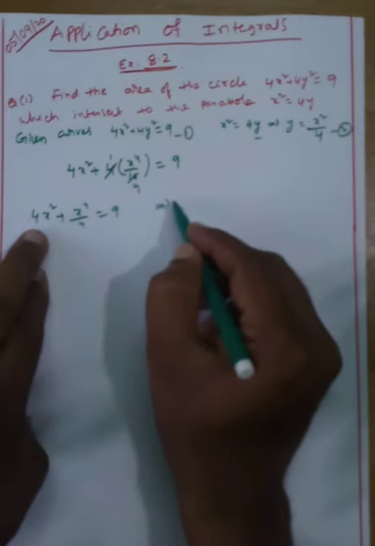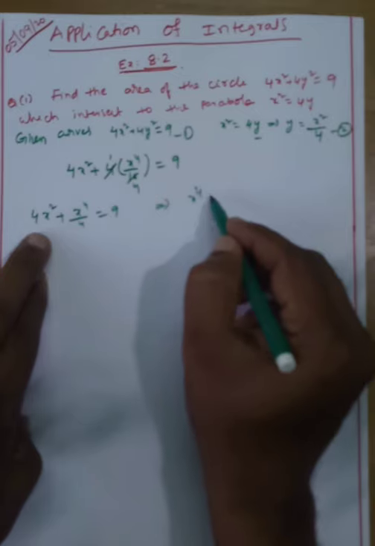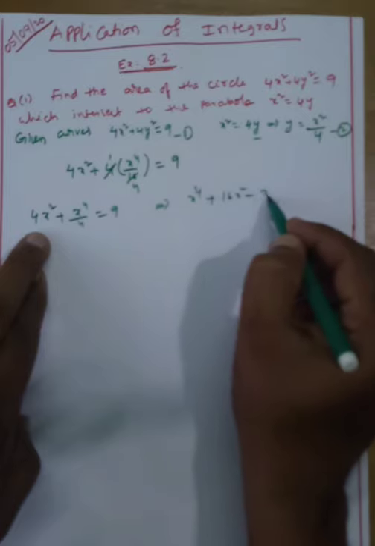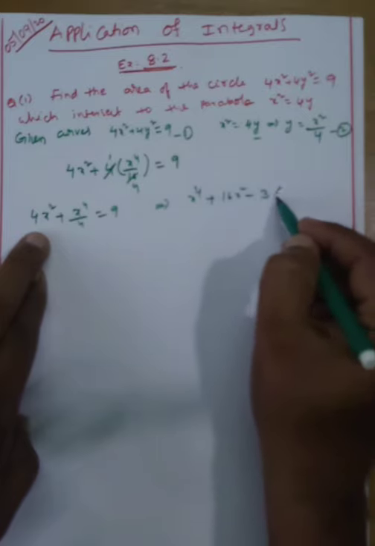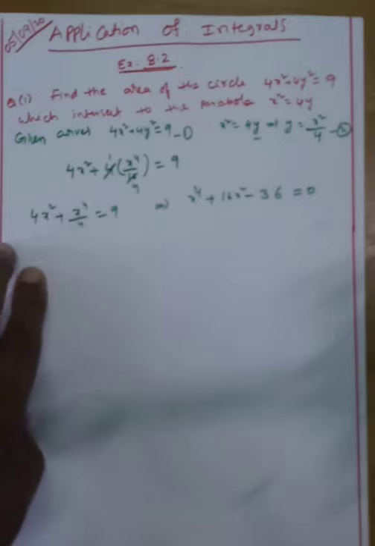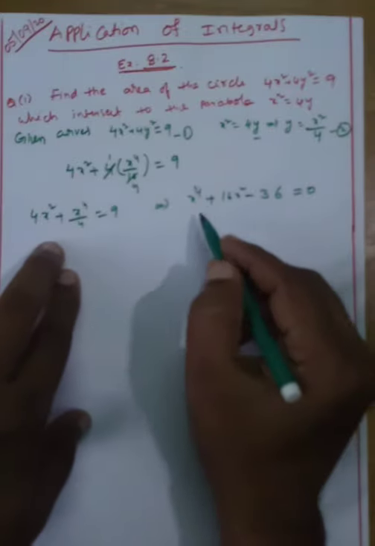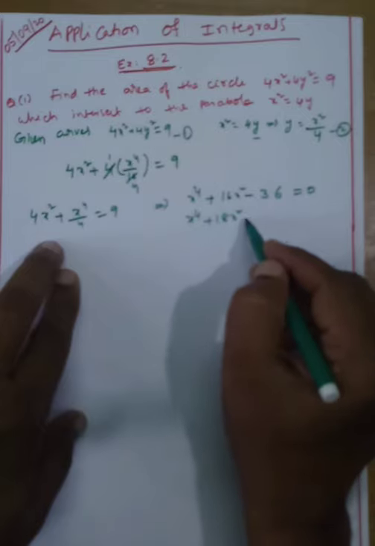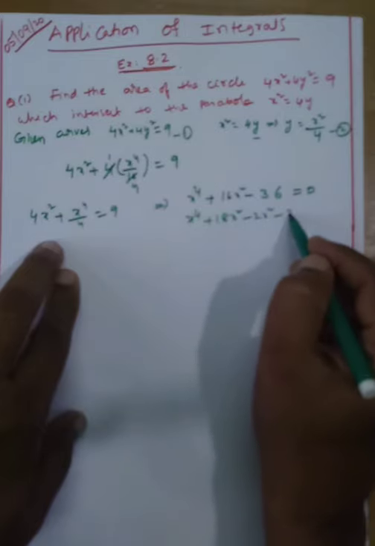Overall you have to write x power 4 plus 16x square minus 36 is equal to 0.